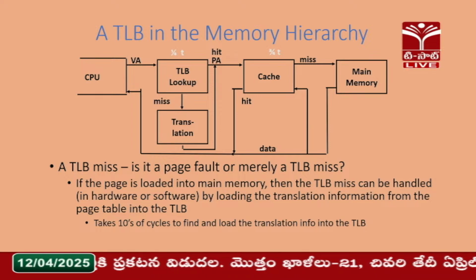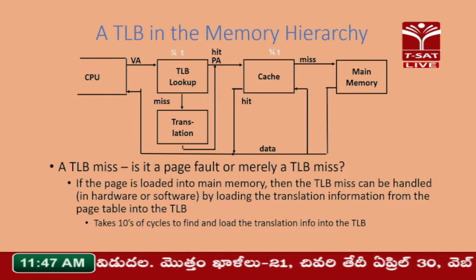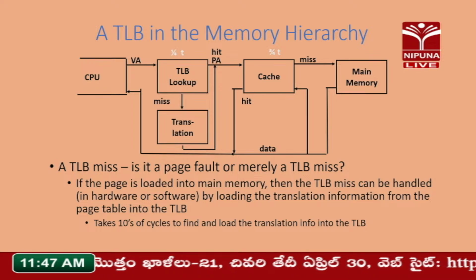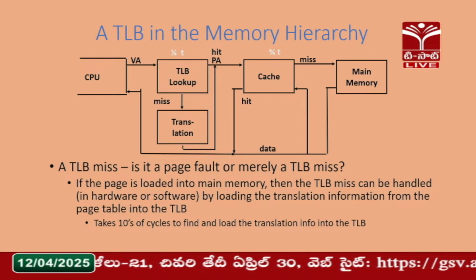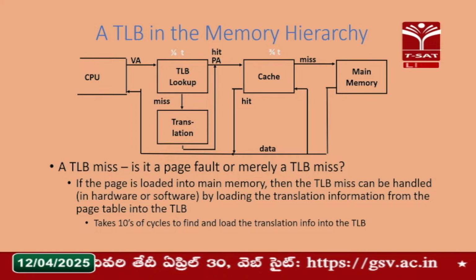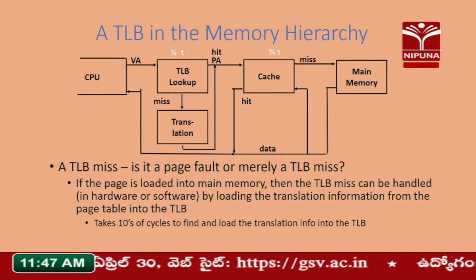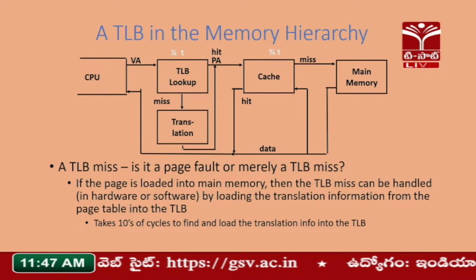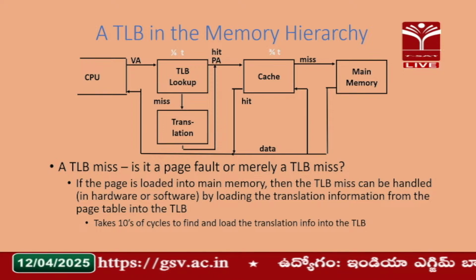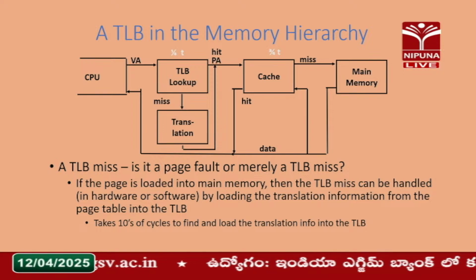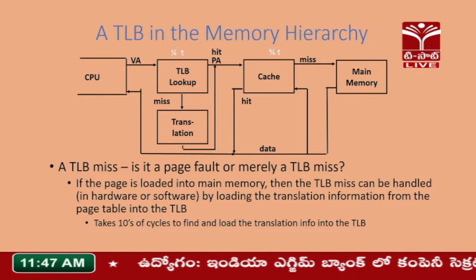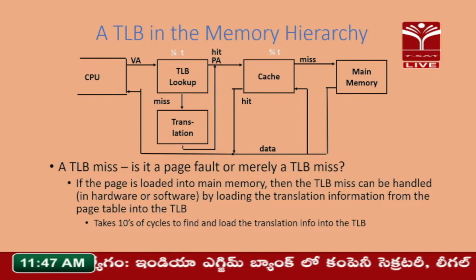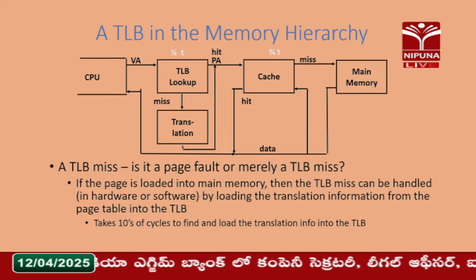The full translation table is in the main memory. The TLB will only have a subset of those translations. So a TLB miss could happen because the full page table is not in the TLB. Sometimes the TLB miss can also become a page fault because the page that you are looking for is also not in the main memory. So that becomes a page fault.